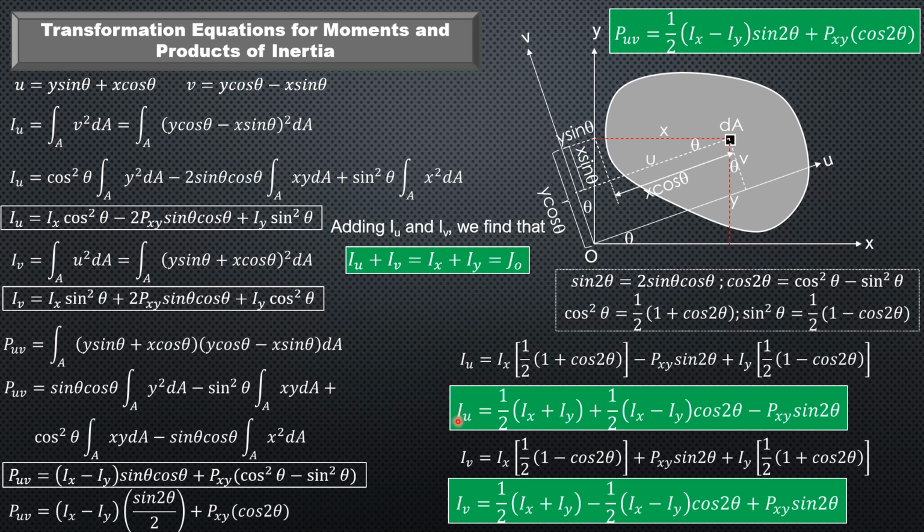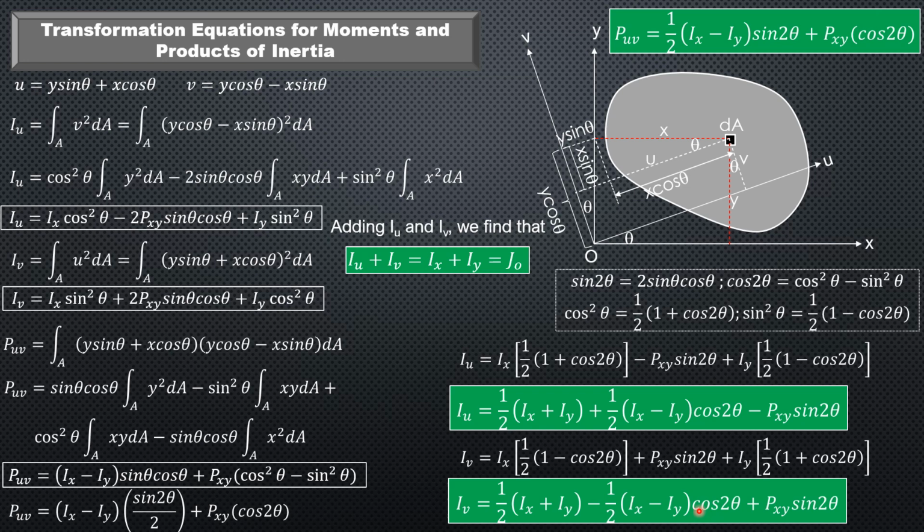To summarize the formulas, I want you to recall these formulas here. I sub u is 1/2 of Ix plus Iy plus 1/2 of quantity Ix minus Iy cosine 2 theta, then minus Pxy sine 2 theta. For I sub v, same terms except that the second and third terms will have opposite signs, so that when we add the two, the second and third terms will cancel.